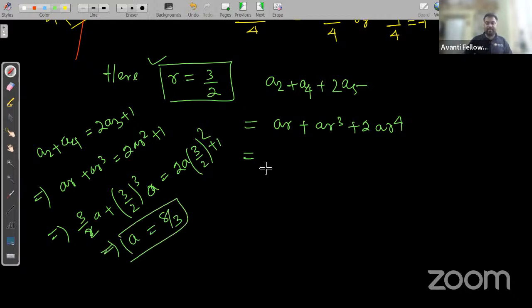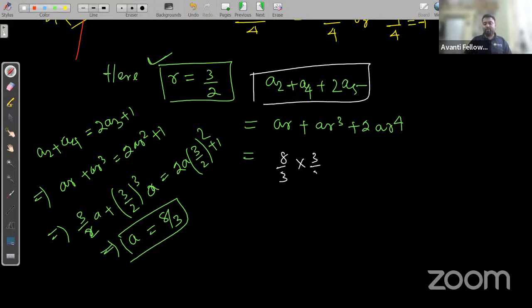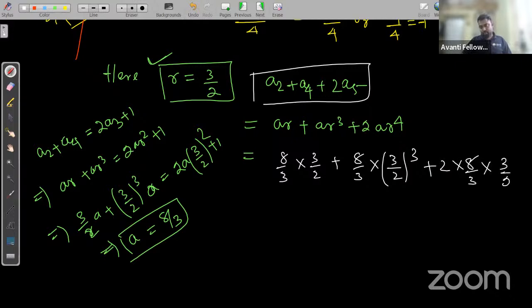So if A is 8 by 3 and R is 3 by 2, you can find easily the value of this expression, that is 8 by 3 into 3 by 2 plus 8 by 3 into 3 by 2 whole cube plus 2 into 8 by 3 into 3 by 2 to the power 5. So simplify it and the answer will be 40.